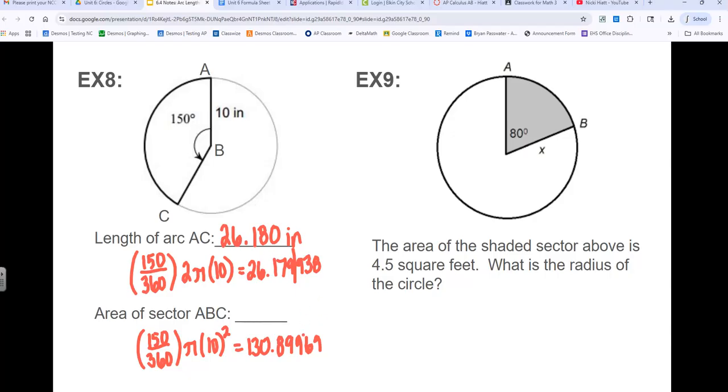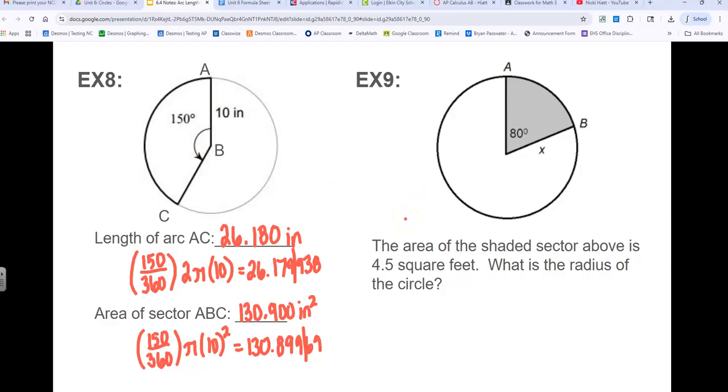So that is going to be even trickier rounding. That's going to round up to 130.900 inches squared right there. We have to round that 9 up to a 10, which rounds the next 9 up to a 10, which rounds that 8 up to a 9. So that is what we'll get for example 8.